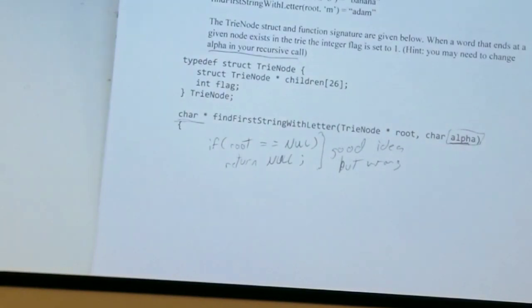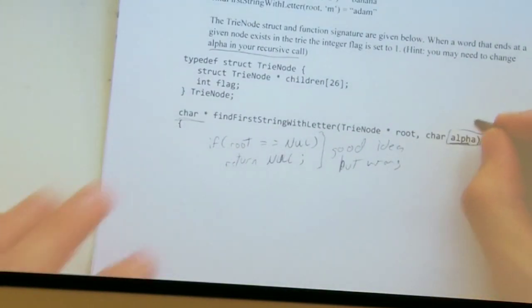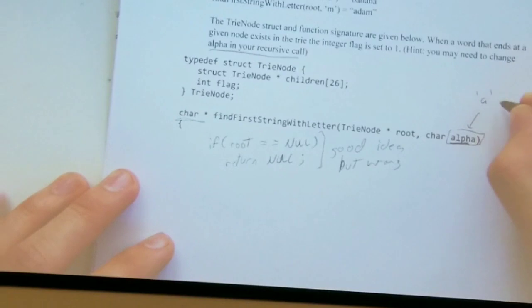So what we actually want to do is check not only if the root is null, but also if our alpha value is still a valid character. What I ended up doing is something a little sketchy: this is a valid character, in the range of A to Z, if we're still looking for the value. Otherwise I would set it equal to a null terminator.